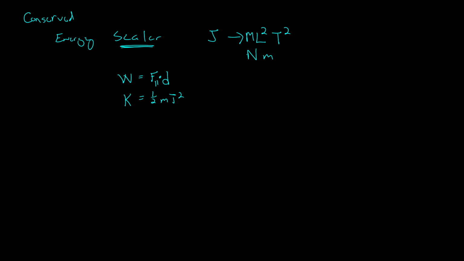Even though velocity is a vector, squaring it removes directional information. And then we have positional components called potential energy: due to gravity near the surface of the Earth, which is mgh, or the position in a spring, which is 1/2 kx squared.